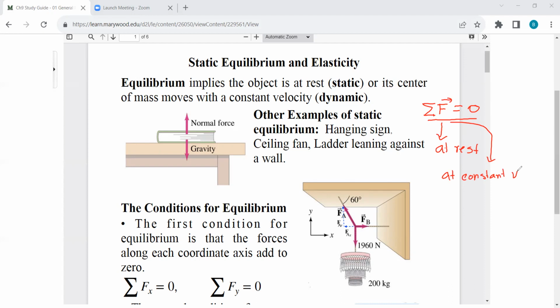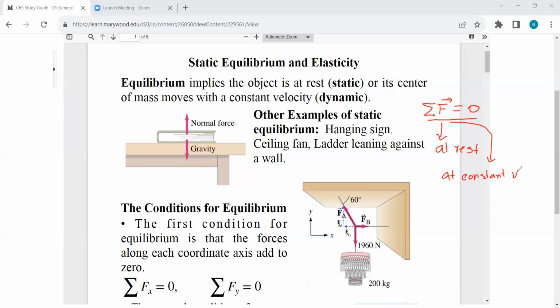And when the object is moving at constant speed, we call it dynamic equilibrium. As the chapter name is static equilibrium, you probably understand that you will be learning just about static equilibrium, not dynamic equilibrium.